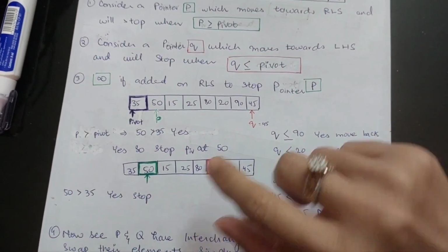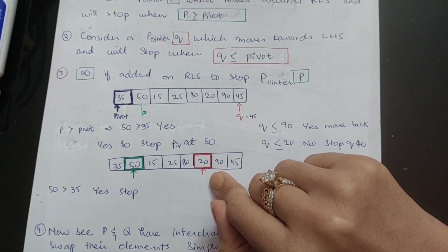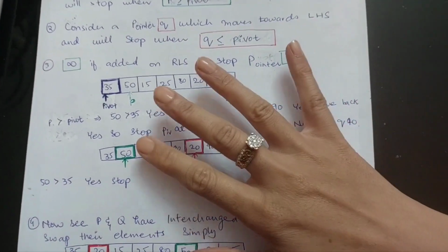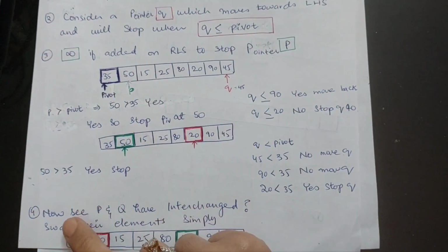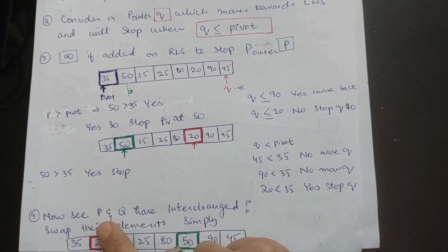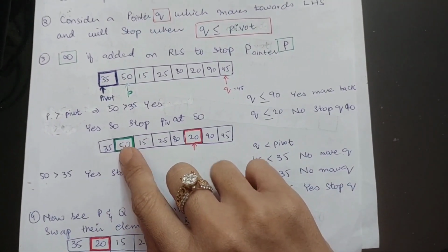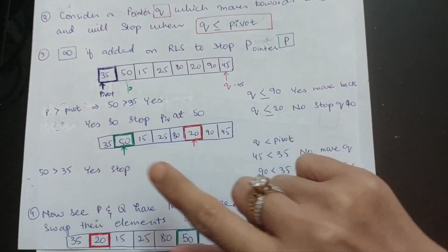So you can see that my p has stopped on 50 and q has stopped on 20. Now when p and q have been stopped, the next step in this algorithm is to check whether p and q have interchanged, like if p has flipped over q or q has flipped over p.